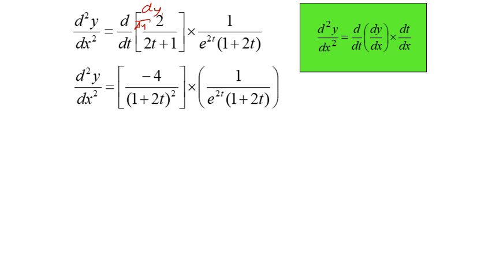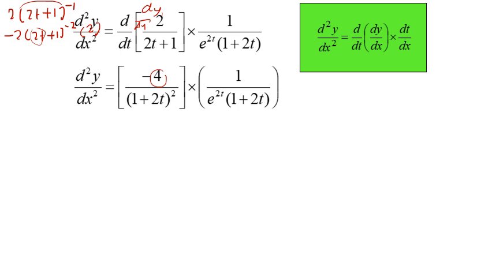Remember the previous example, we bring the power of negative 1 to the front, so negative 2, 2t plus 1 to the power of negative 2. And then don't forget, inside here we also got 2t, so differentiate we got 2. So the answer here is 4 and not 2, because we have to differentiate 2t inside also. So 2 times 2, that's why we got 4.